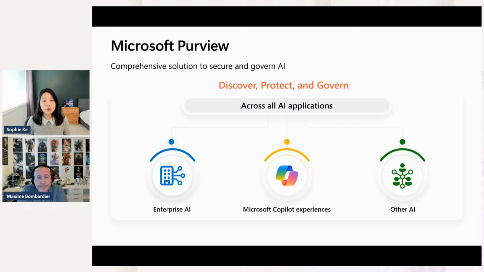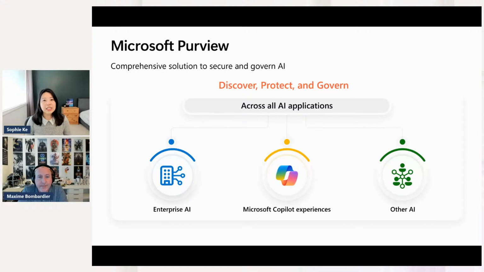Mm-hmm. So Max, you showed we have data compliance, data security, and data governance solutions, and we utilize features within all of those solutions, from MIP, DLP, and IRM to CC, DLM, eDiscovery, Compliance Manager, and Audit, to discover, protect, and govern AI.